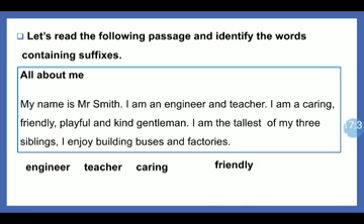Friendly. We add L-Y. Playful. We added F-U-L. Next word is tallest. We added E-S-T. Siblings. We added S.